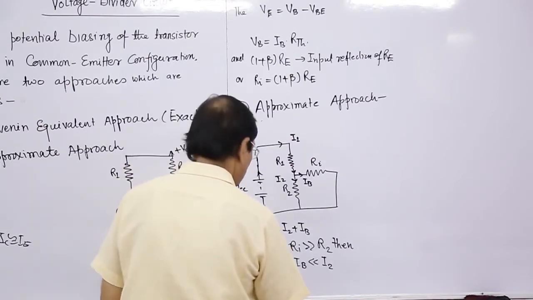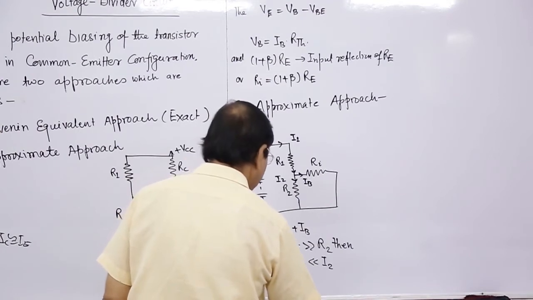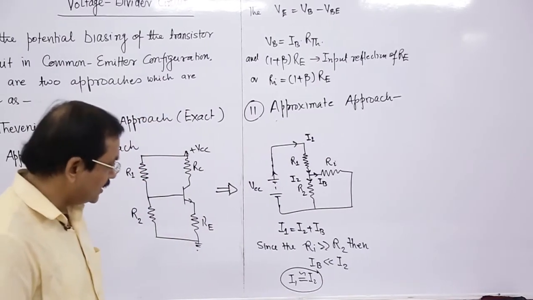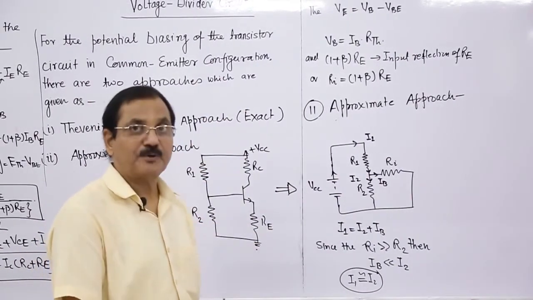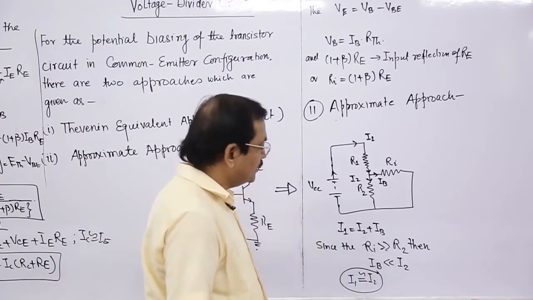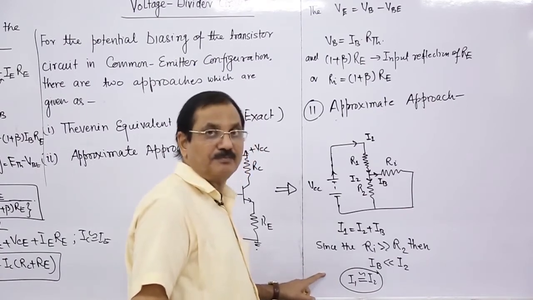So what will happen? I1 is approximately I2. So if it is approximately I2, then this is the approximate approach.